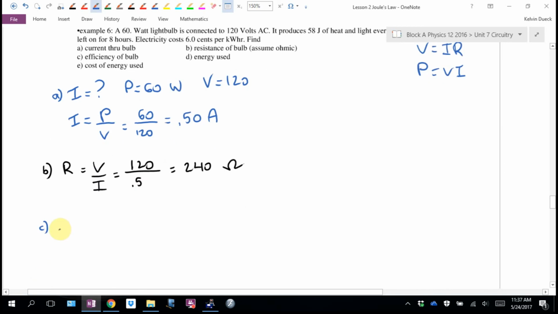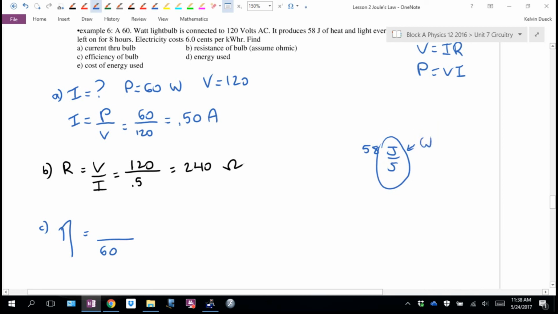Efficiency of the bulb. So the symbol for efficiency was that Greek letter eta. Well, how many watts are going in? The bigger number. That's going to be on the bottom. How many watts are coming out? Well, ready? How many joules are being used, Duncan? 58 joules every what? Oh, you know what? 58 joules per second.